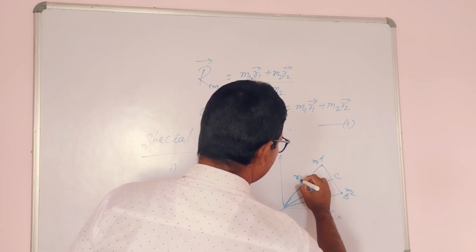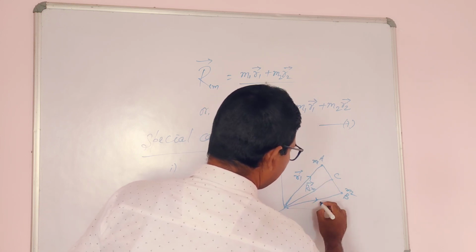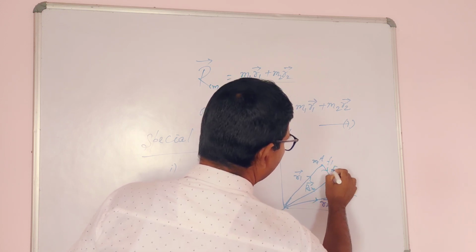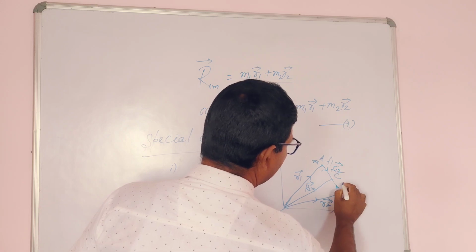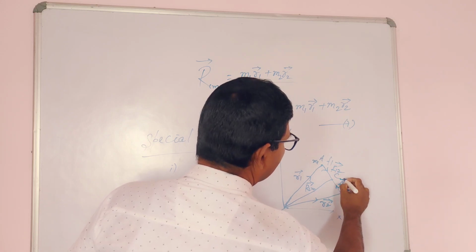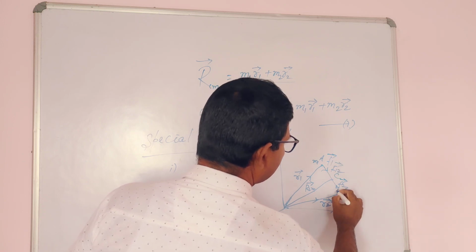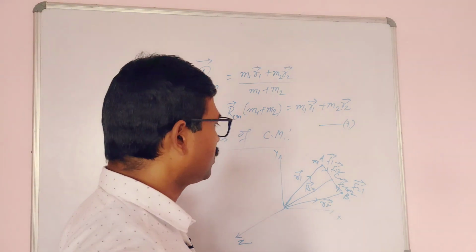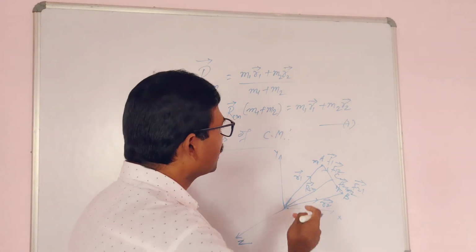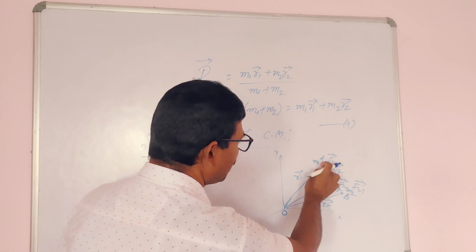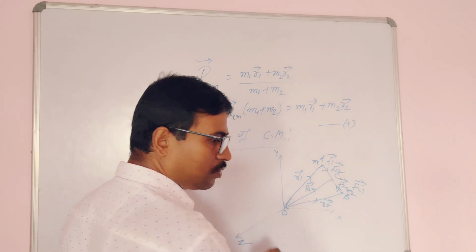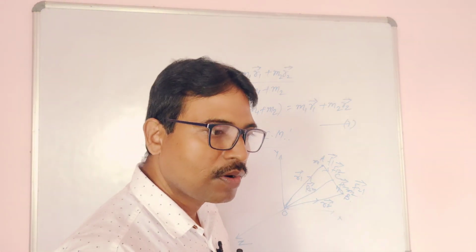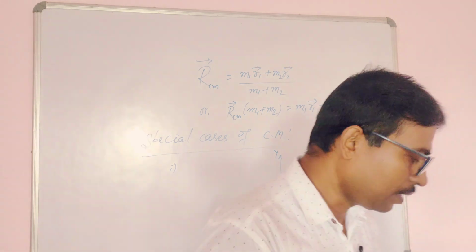This one is R1, this one is R2, from the origin O. We have discussed F1 external force, F12 internal force, then F2 external force on this side, and F21 internal force. Now the question is, the distances from the origin are OA and OB, that is R1 and R2. If both particles A and B lie at the origin, what will happen? Let us discuss one by one.